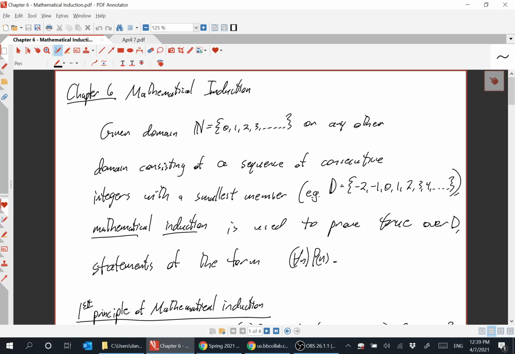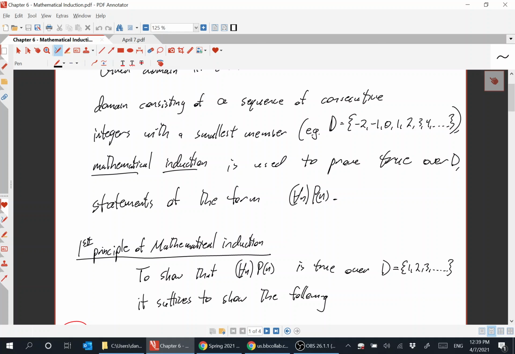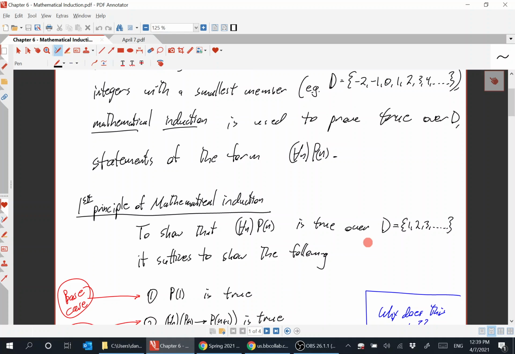Like the natural numbers, 0, 1, 2, 3, 4, and so on, or -2, -1, 0, 1, 2, 3, 4, and so on, or anything else like that. Mathematical induction is used to prove true over D statements of the form: for every n, P of n is true. Here, P of n is a predicate.